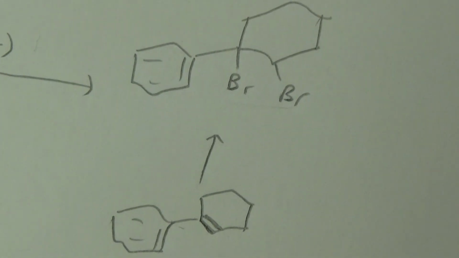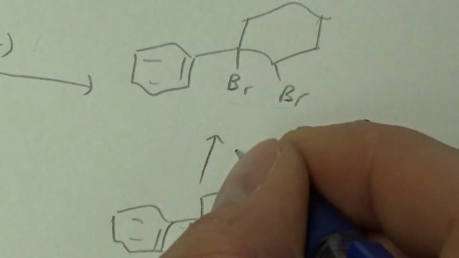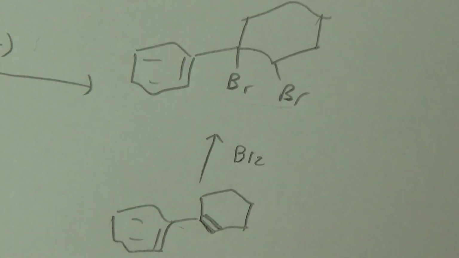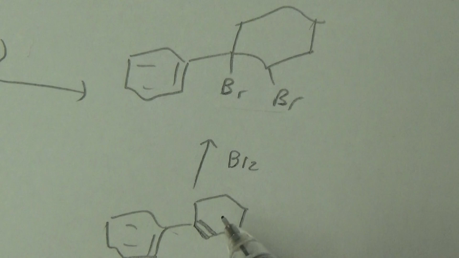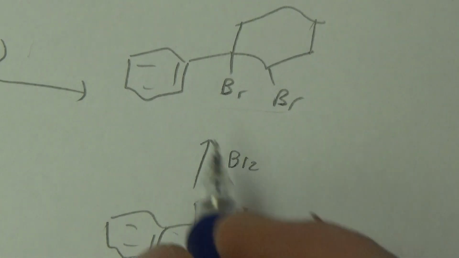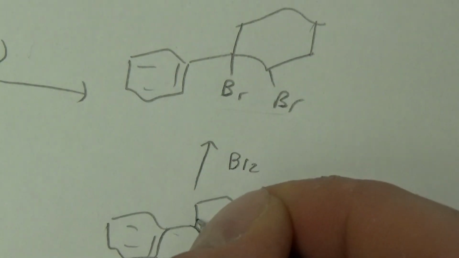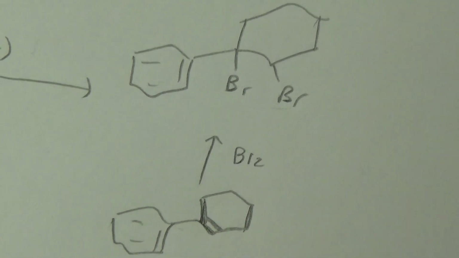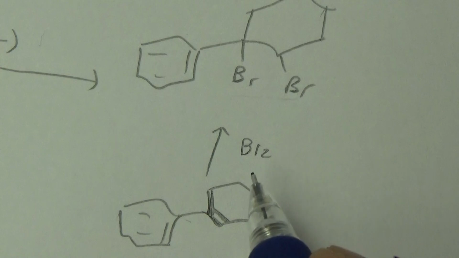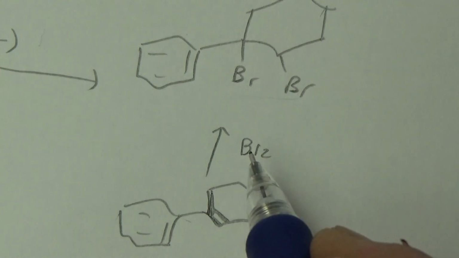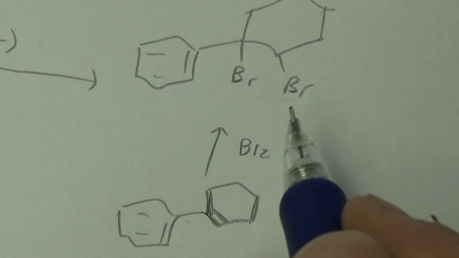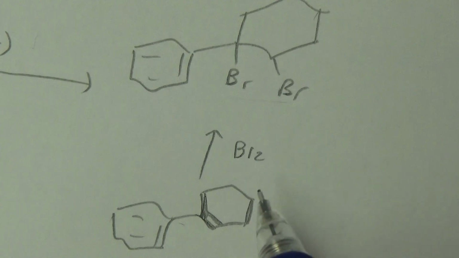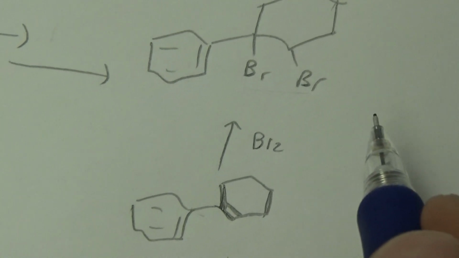And what's the reagent? It's Br2. It's the dibromination of an alkene. It's the bromonium ion thing, so the alkene attacks Br, you make a bromonium, a little three member ring, and the other Br attacks it.